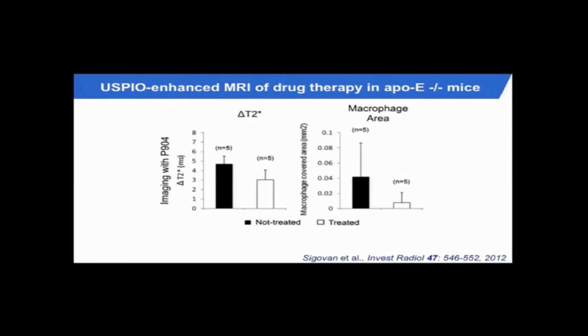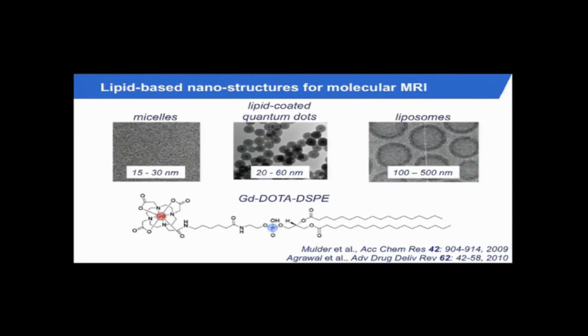Along similar lines, we have done a lot of studies using lipid-based nanoparticles, again for MRI, but now labeled with a gadolinium chelate for T1 contrast. What we typically have is a contrast agent like this, a lipid molecule which is embedded in these particles that I show in the upper part of the slide. Coupled to that, we have this gadolinium DOTA moiety for MRI contrast.